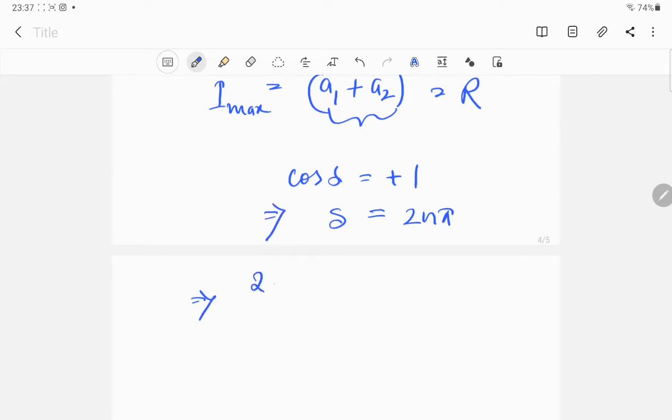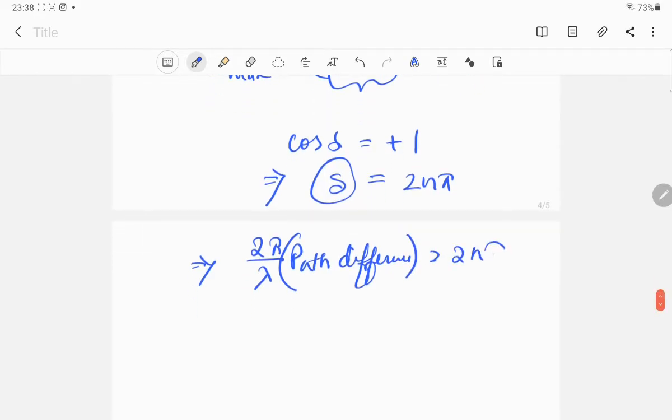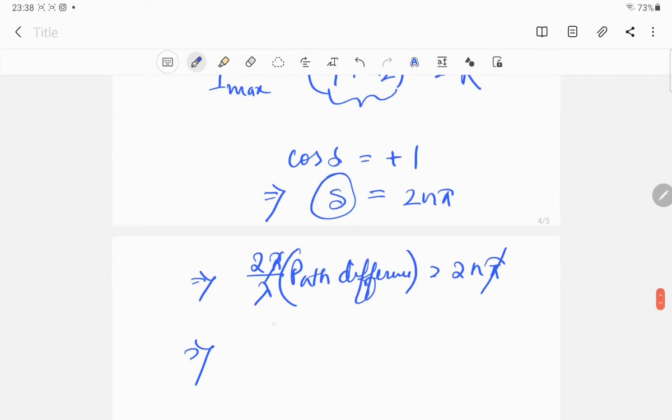So delta is nothing but the phase difference, and as we have already written, phase difference means twice pi by lambda into path difference is equal to twice n pi. Okay, so pi gets cancelled. So path difference for constructive interference, 2 also gets cancelled, is equal to n lambda.